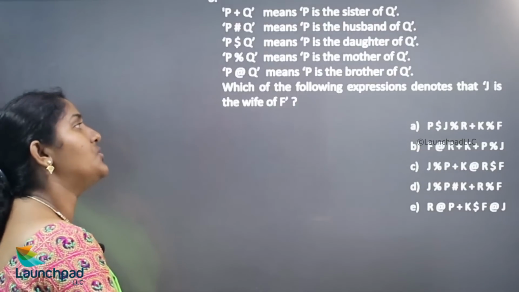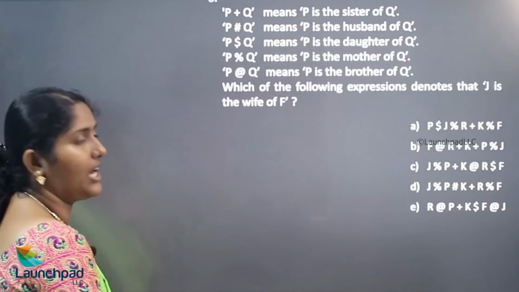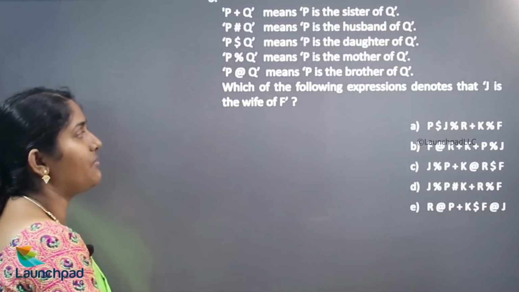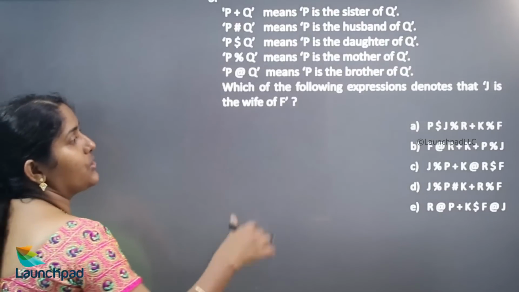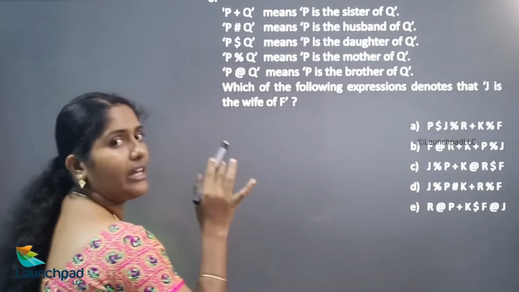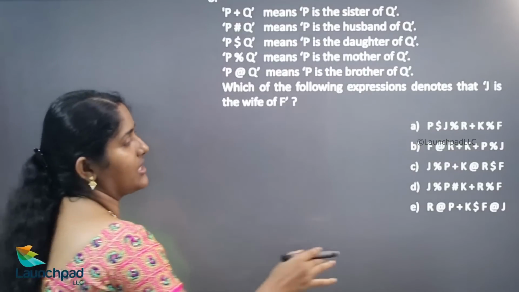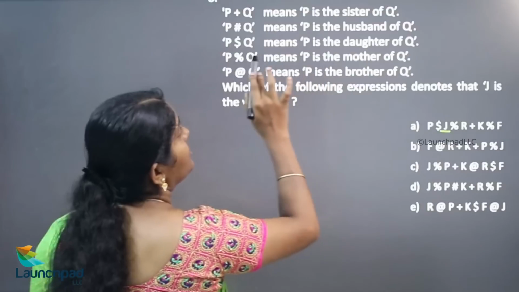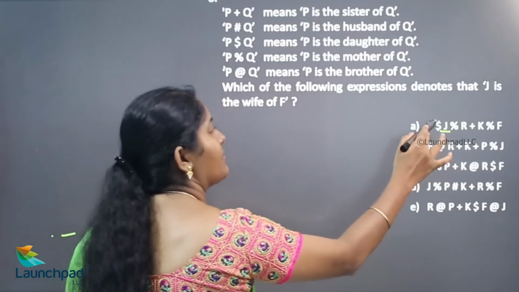Here J is the wife of F, so we need to know the gender of J first. In this expression, J dollar symbol is female.